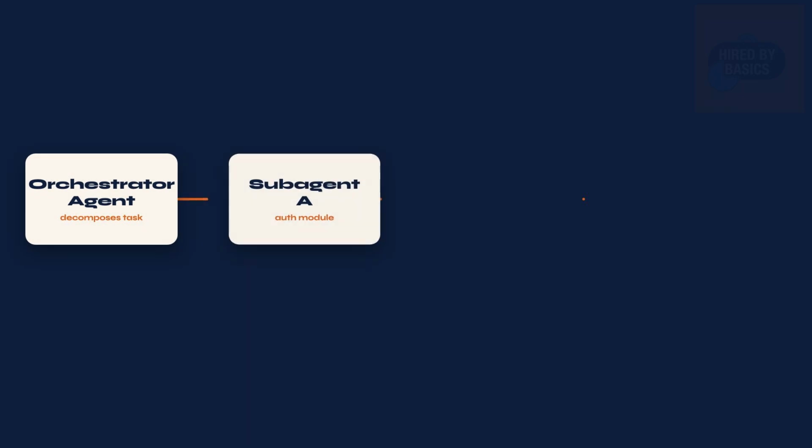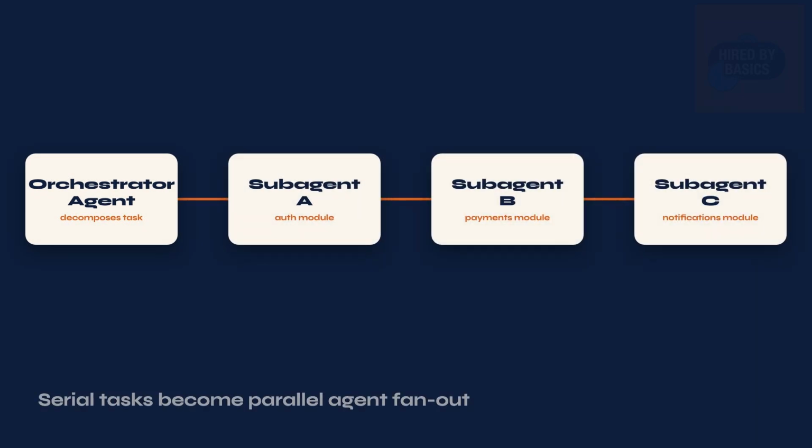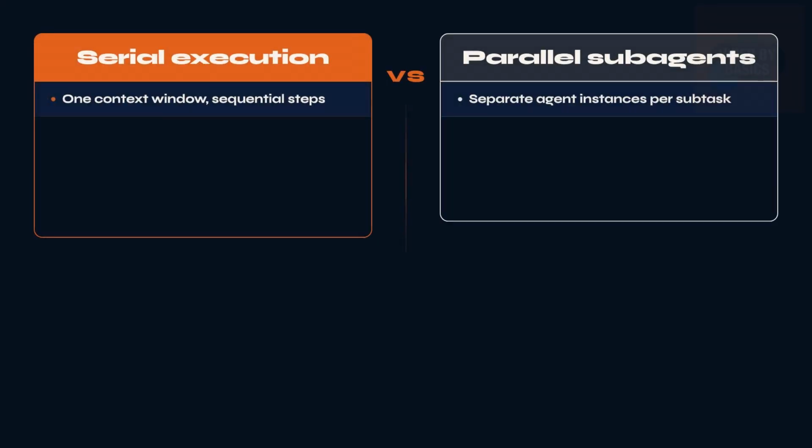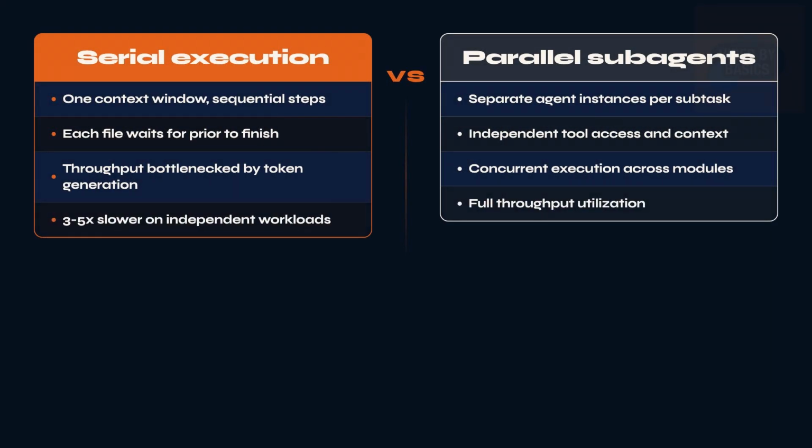Most engineers using Claude Code are running it like a single-threaded process. That's the wrong mental model. Claude Code supports spawning parallel subagent instances, separate Claude invocations that execute concurrently on independent subtasks. If you're doing a multi-file refactor, generating tests across a large codebase, or running analysis on isolated modules, and you're doing that serially, you're leaving 3 to 5 times the throughput on the table.